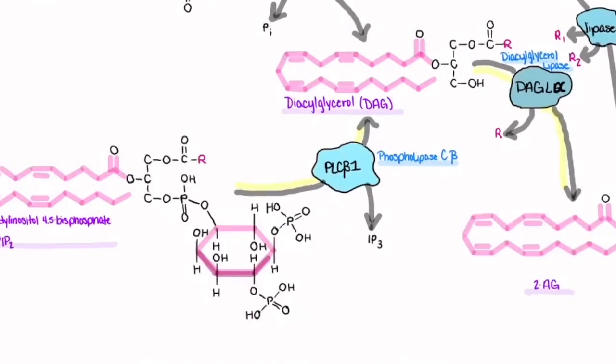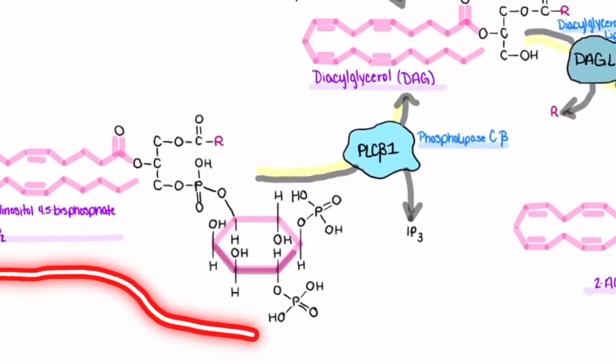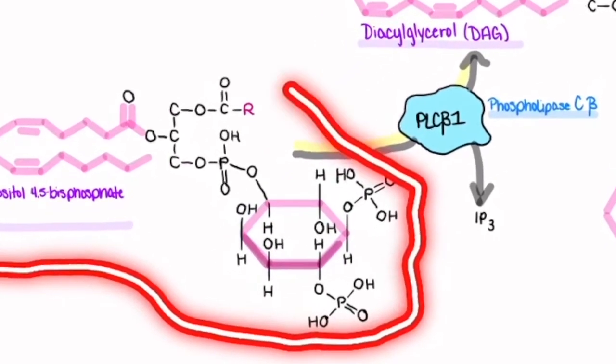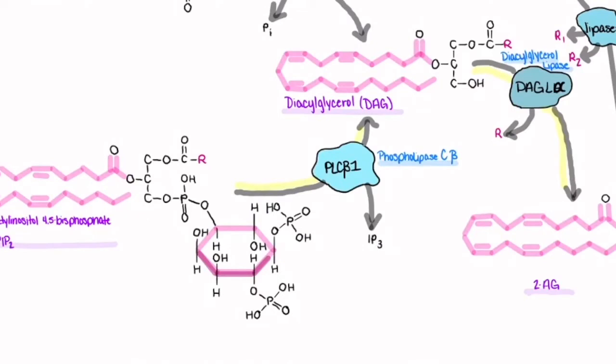2-AG synthesis begins with the phospholipid phosphatidylinositol 4,5-bisphosphate, also known as PIP2. Let's just go with PIP2 because I'm horrible at pronouncing and enunciating stuff if you haven't learned.